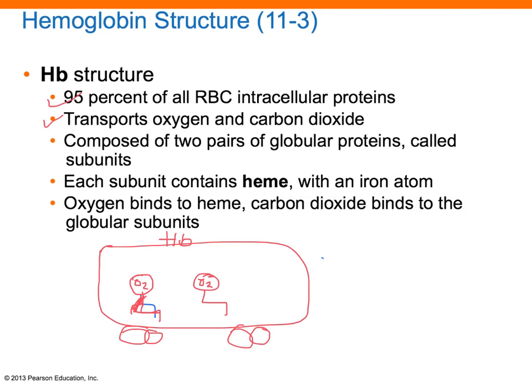But let me tell you about the seats that they sit in, okay? Each molecule of hemoglobin has iron in it. So I'm going to draw the iron seats. Here they are in blue, right? Essentially, each molecule of hemoglobin has four polypeptide chains, we call it.